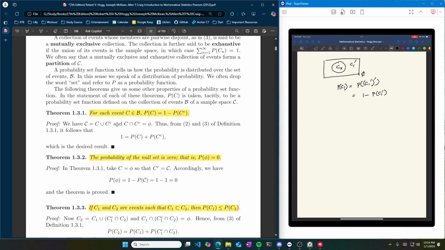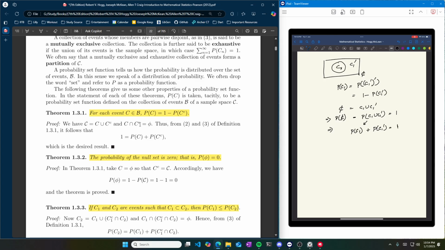Never mind. But also we can say that C equals C1 union C1 complement, then the probability of C, which we know is the probability of C1 union C1 complement, equals 1 already. That means from this we get the probability of C1 plus the probability of C1 complement is 1.